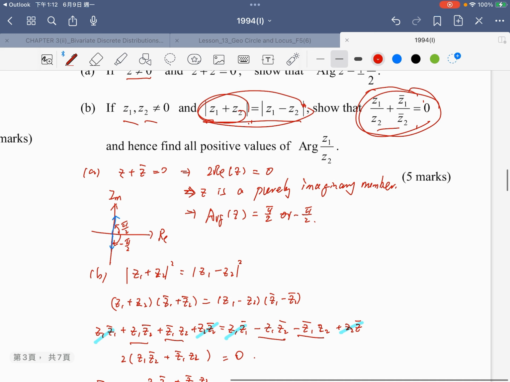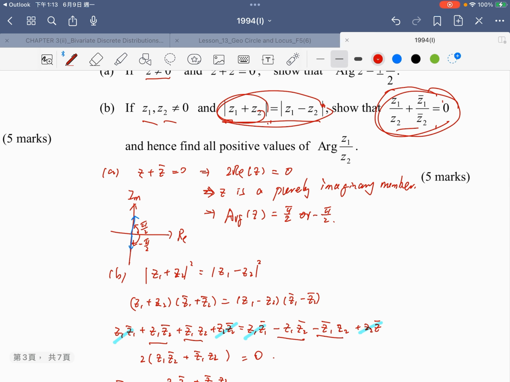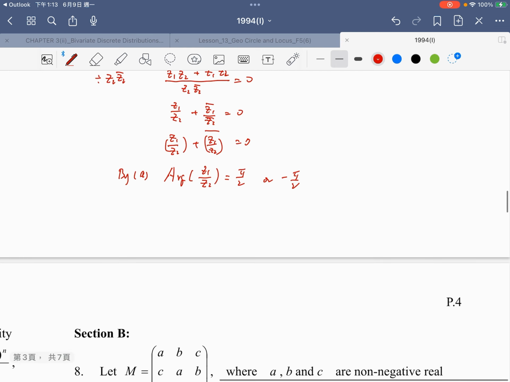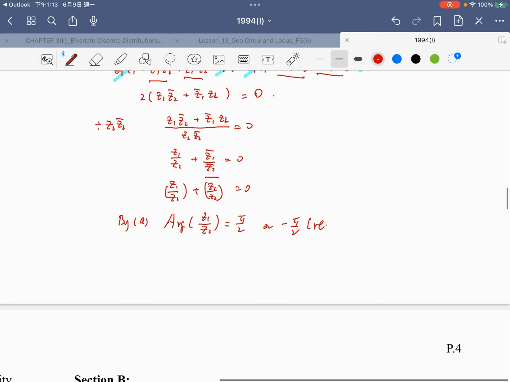Okay, but the question says hence find all the positive values of argument. All positive values, only one value, only one. Therefore, we get the answer, because we only need to write down the positive.